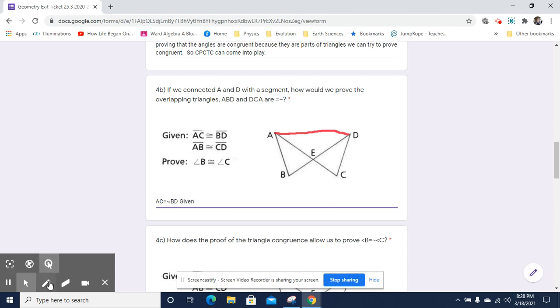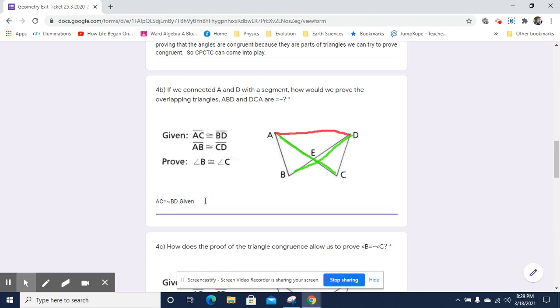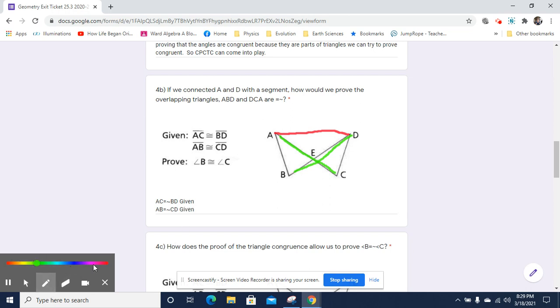Let's go ahead and label that with a different color. So AC and BD are congruent. Neat. And then we can say that AB is congruent to CD, and that's also given. Okay, so there we go, and there we go.